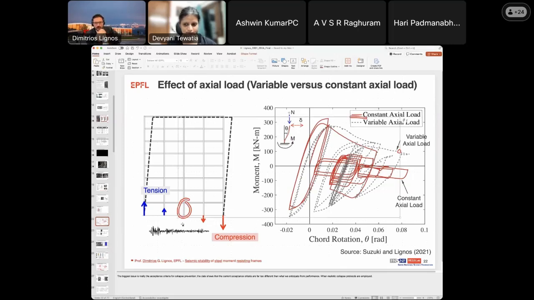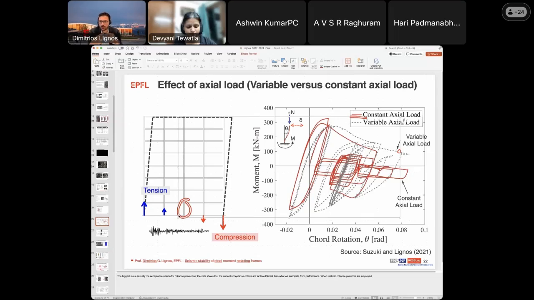For the variable axial load case, before doing the tests, we spent about 2 years and analyzed about 90 or 88 frames, if I recall correctly, where we conducted extensive statistical studies to basically capture the axial load variation rationally.